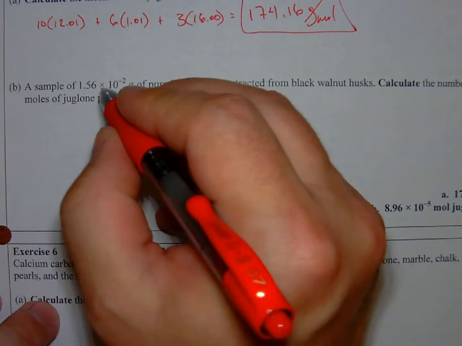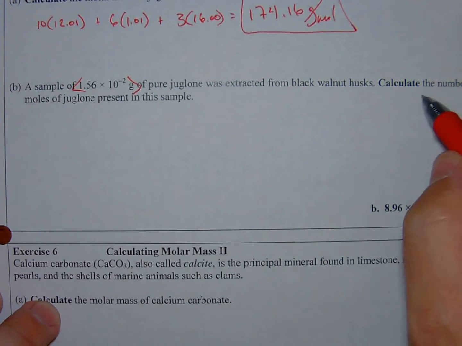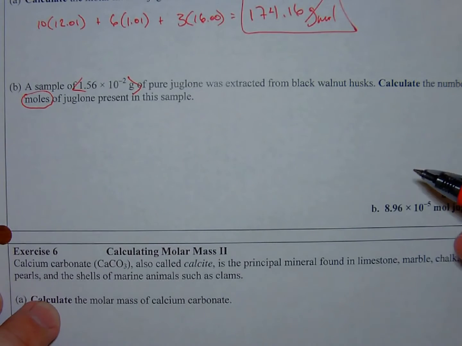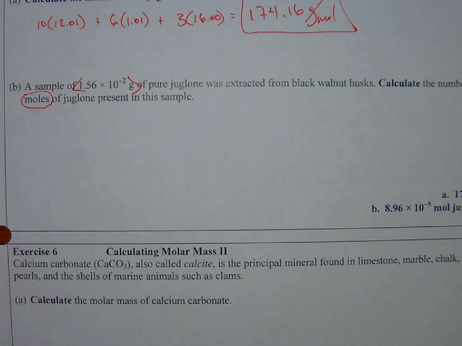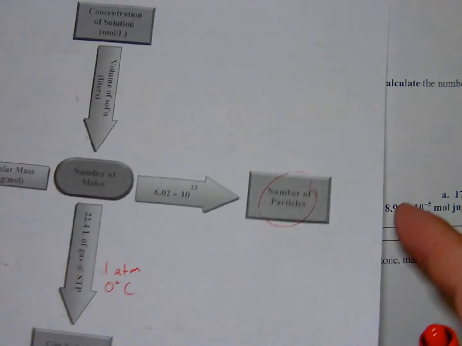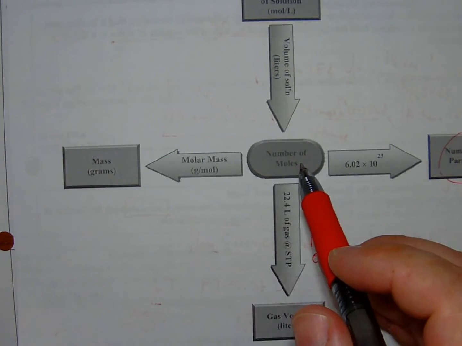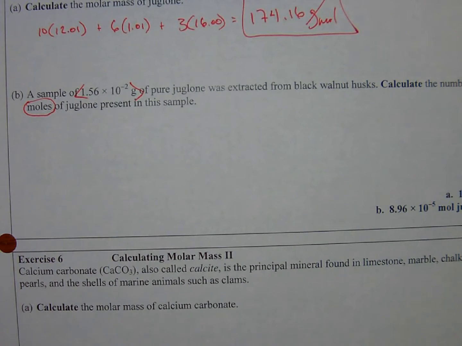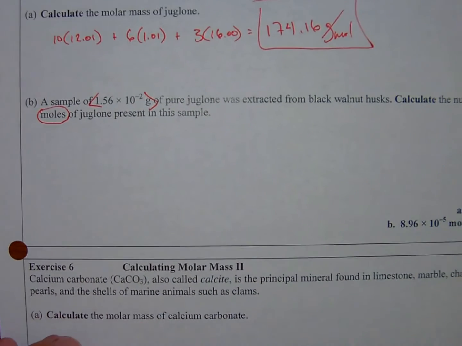So I'm starting with this number right here, and I'm going to convert this into moles. So I'm going from grams to moles. Here's my grams, here's my moles. The way I'm going to get through that is the molar mass of juglone. Lucky for me, I just calculated that in the previous problem. So I have it ready to go.